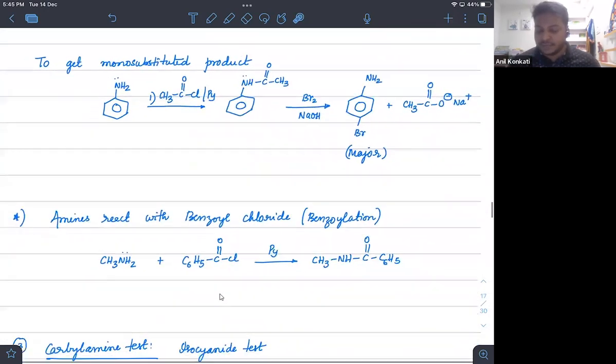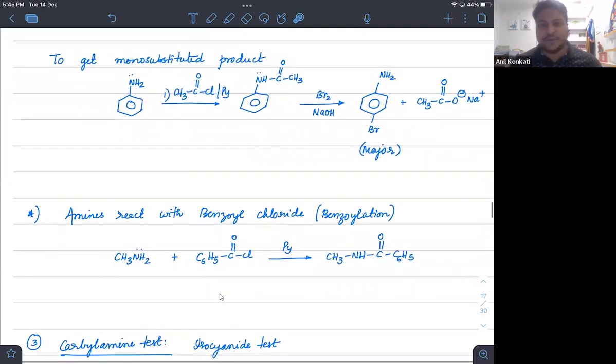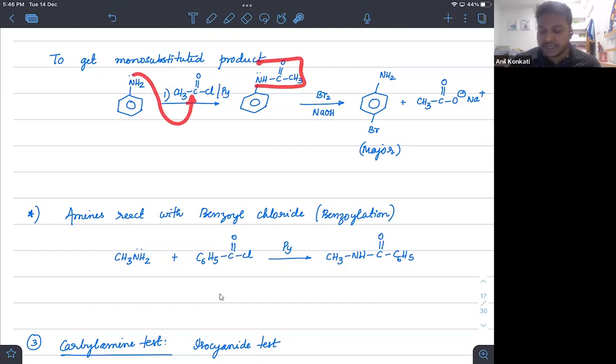Now, suppose I need only mono-substituted bromine. What we do is first make an acetylation. Aniline will undergo acetylation, you will get acetanilide, and when you treat this acetanilide with bromine water, Br2 and NaOH or bromine water, anything will be fine. Now this is not very strongly activating.